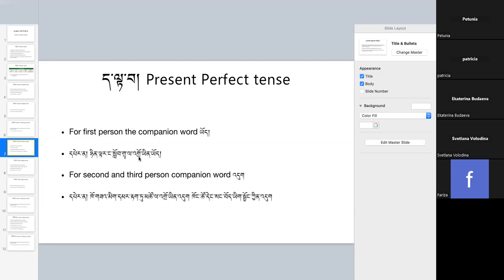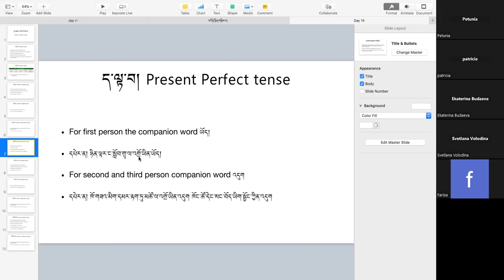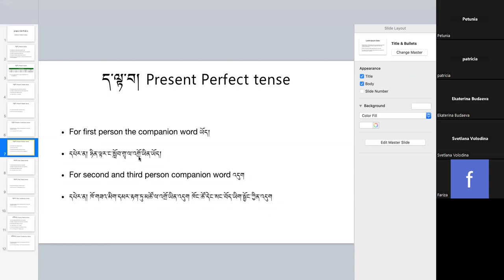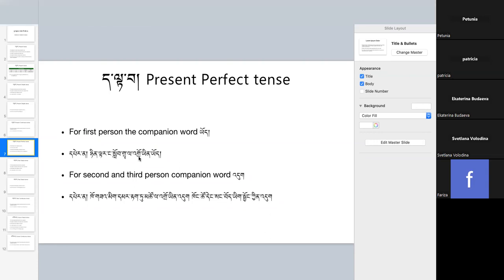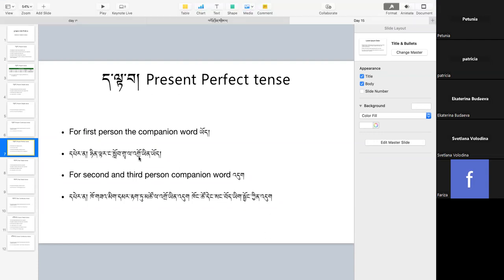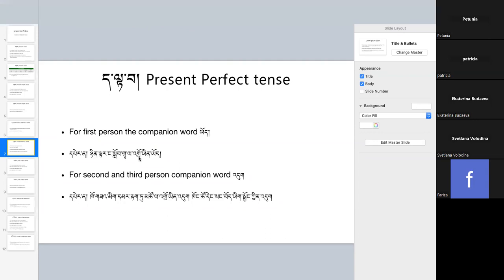But the thing that differentiates whether it is for the first person or for the second and third person, as well as which variation of the tense it is, would be the companion word. Therefore, different companion words tell us more about the type of sentence and which variation we're using.